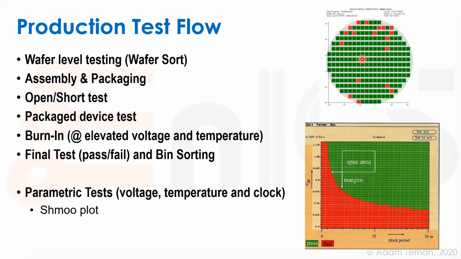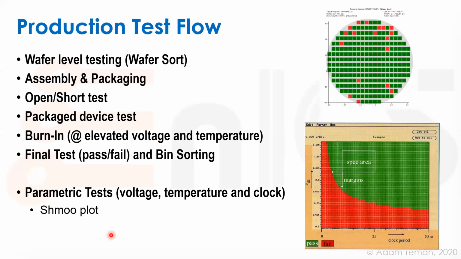After we've done this wafer sort and thrown away the bad chips, we go and package the chips, we assemble them, we put the package on, and then we can do all kinds of tests after we've packaged them, such as burn-in, which is a test where, we're going to discuss all these things, but we elevate the temperature and run it at a high temperature. And then we can finally also do some sort of pass or fail test, and bin sorting. We can divide the chips by what frequency they meet and so forth.